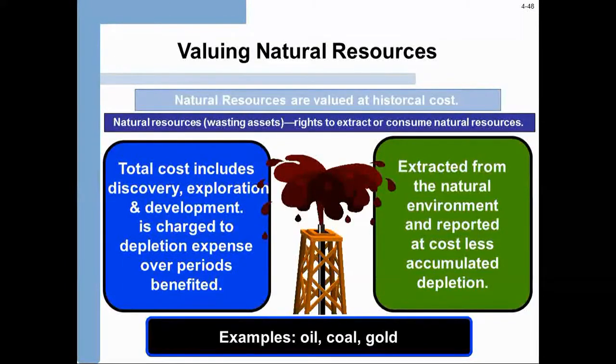And when we record the cost in our balance sheet, in our financial statement, then we record the cost after subtracting the accumulated depreciation or depletion.